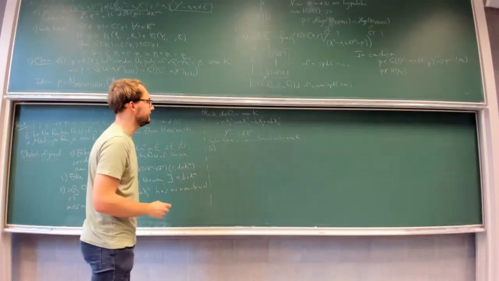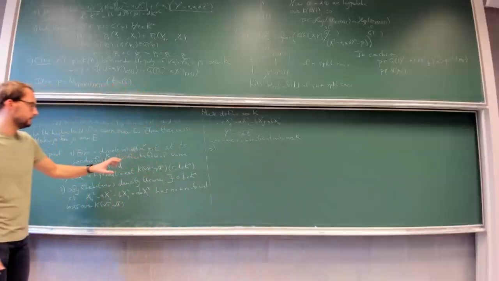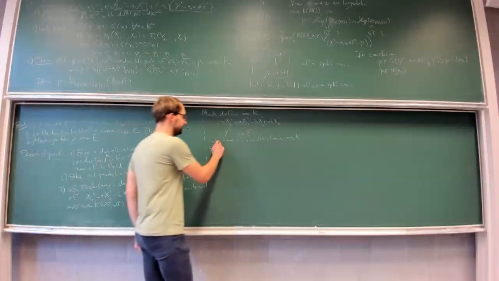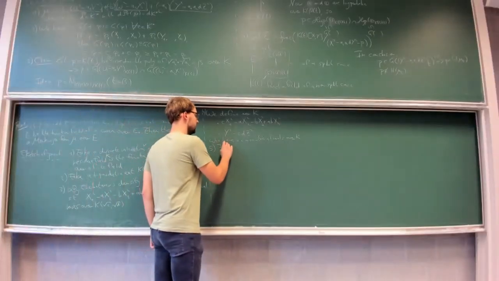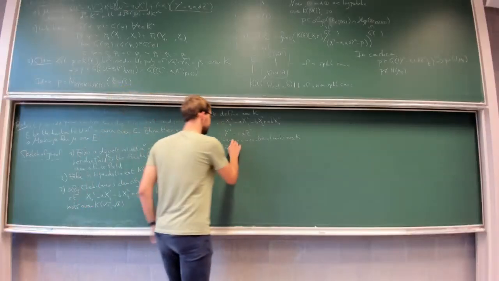And then in step 5, we have K being the residue field of our valuation, and so we can find some lifts of these elements A, B, C, D to the field E itself.